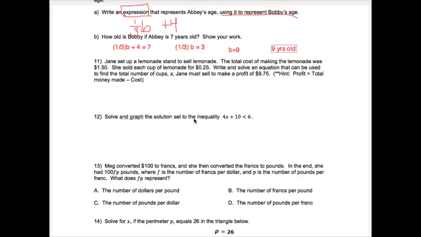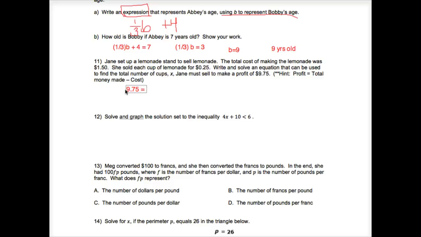So earlier in this unit, we talked about profit in terms of revenue and expenses. So I gave you that hint here. Profit equals the total money that you make, which is revenue, minus your expenses or cost. So to write an equation that represents this, the profit that we want is $9.75. So we're going to type $9.75 has to equal the total money that she makes.